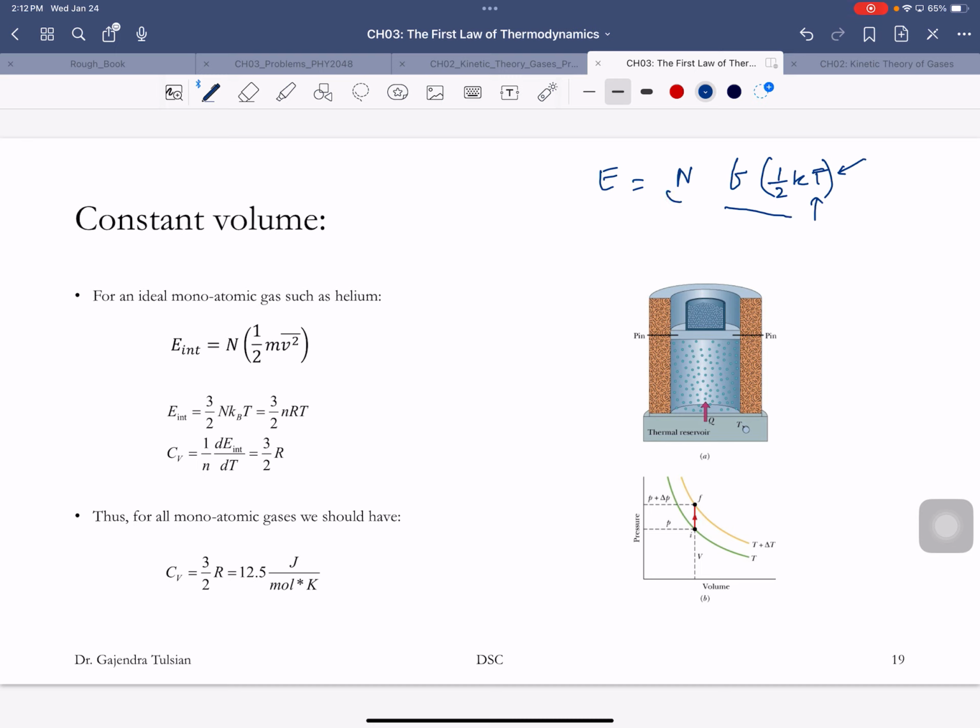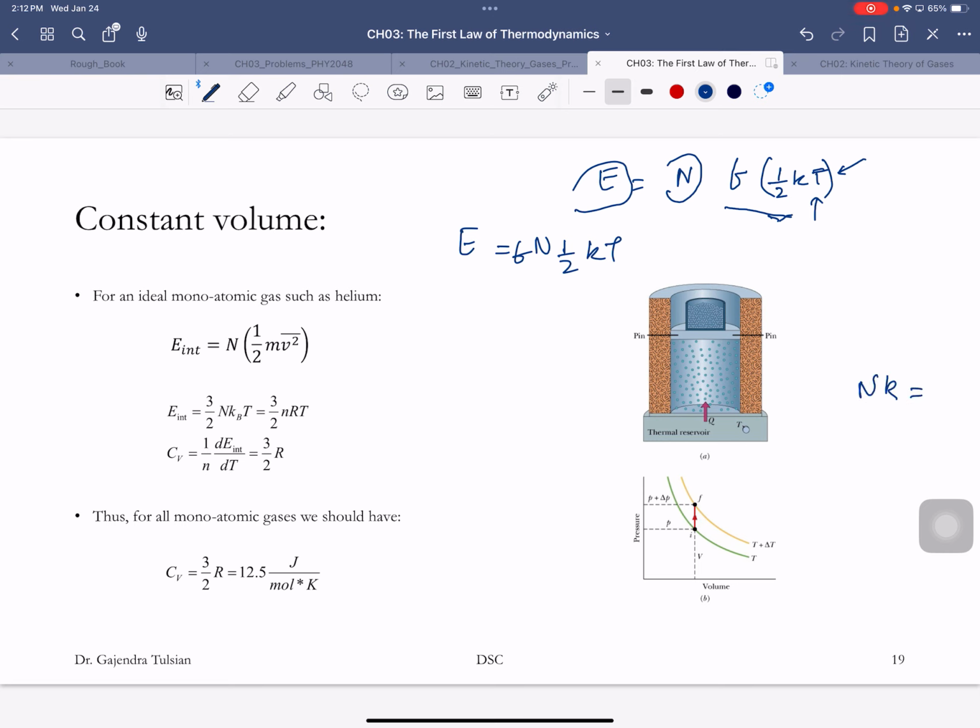And if you have a total number N of particles, that's the total energy in the system. So that theorem is very important to calculate the energy of the system. It's a very simple calculation: E equals N F 1/2 kT.